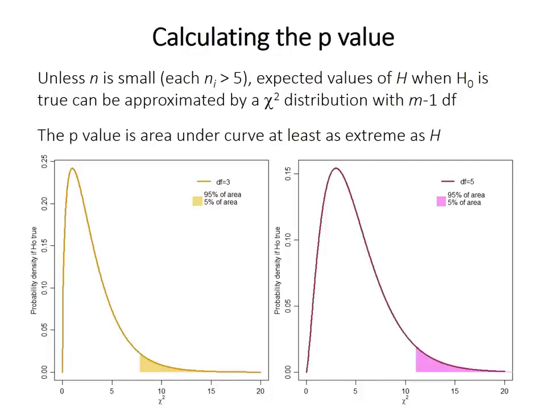The degrees of freedom for this distribution are the number of samples minus 1, which I've written as m minus 1. So the p-value is therefore the area under the chi-squared probability density function curve for values at least as extreme as the observed H statistic.